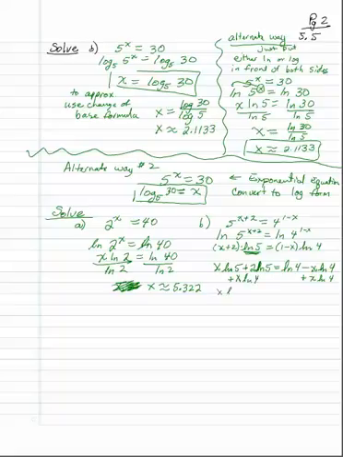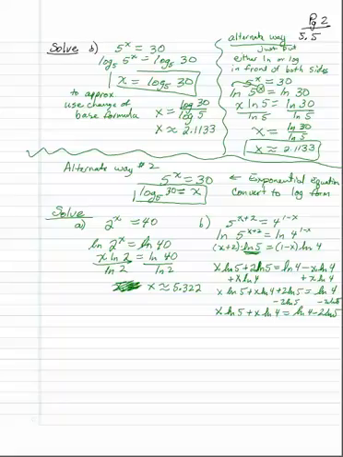So I have x ln 5 plus x ln 4 plus 2 ln 5 equals ln 4. I'm going to subtract the 2 ln 5 from both sides. So we get x ln 5 plus x ln 4 equals ln 4 minus 2 ln 5.